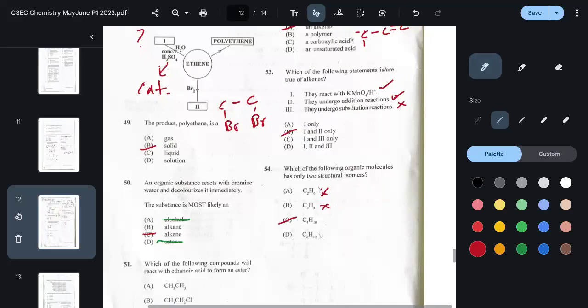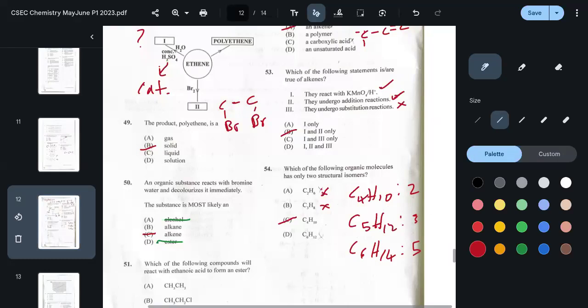Butane, C4H10, has two. C5H12 has three, and C6H14 has five. But they typically ask you about butane and pentane. So butane has two, pentane has three.